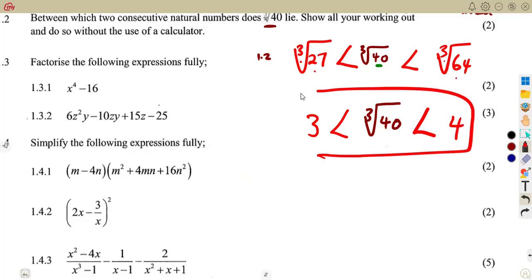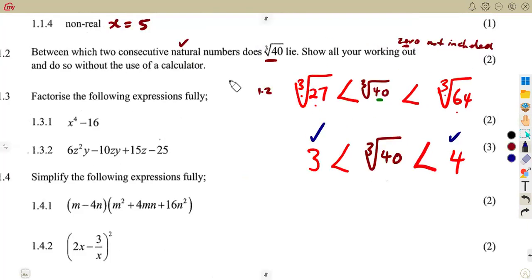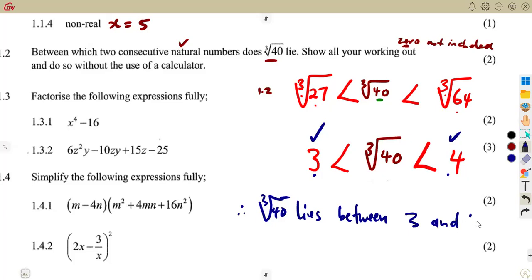So it is in between these two natural numbers as we are given here. So the cube root of 40 lies between 3 and 4. So this is our case.